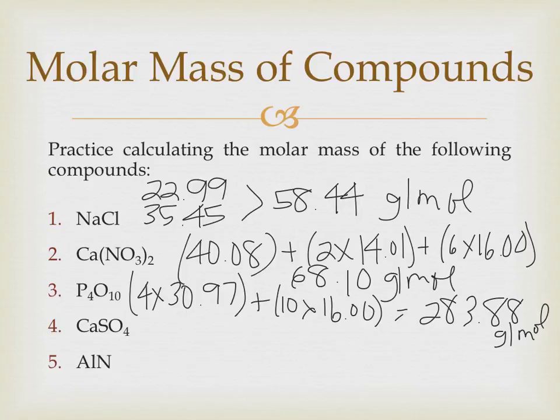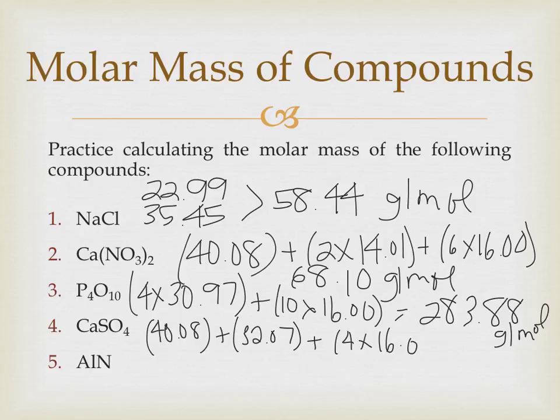Calcium sulfate. Well, we have 1 calcium, so 40.08, plus 1 sulfur, which is 32.07, plus 4 times oxygen, which is 16.00. So 4 times 16 plus 32.07 plus 40.08 gives us 136.15 grams per mole.